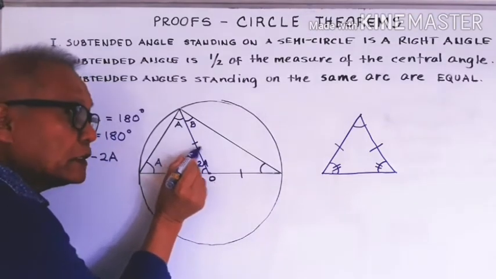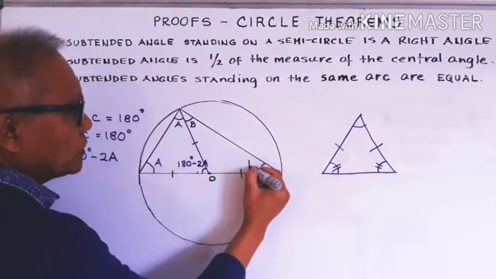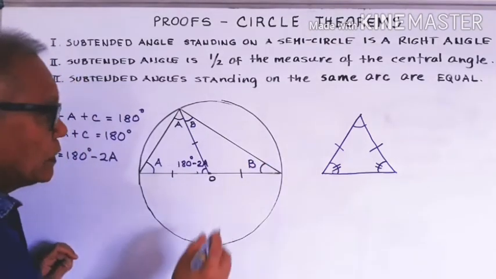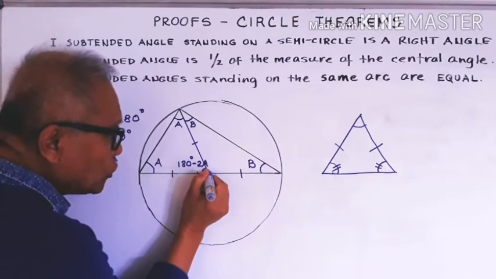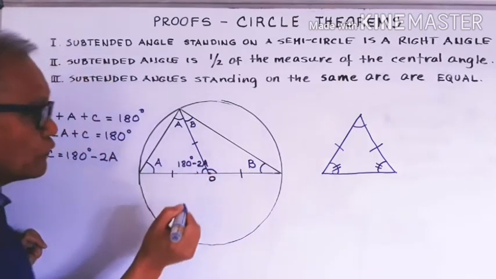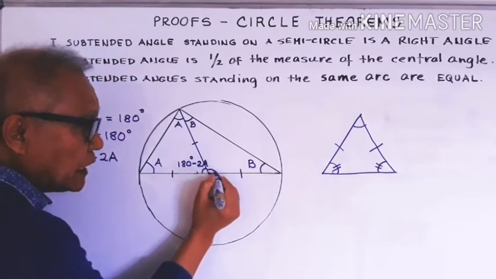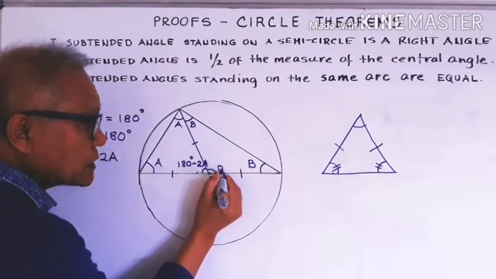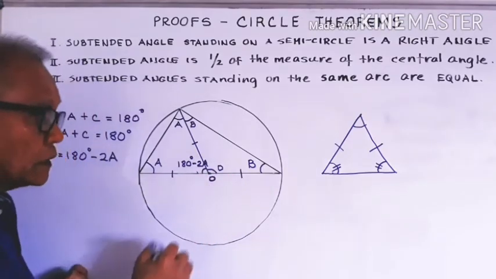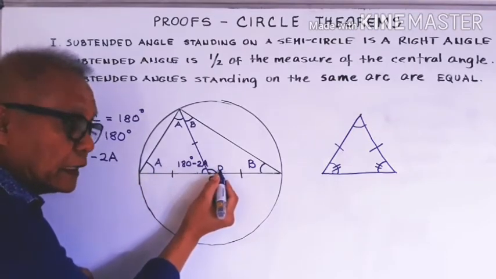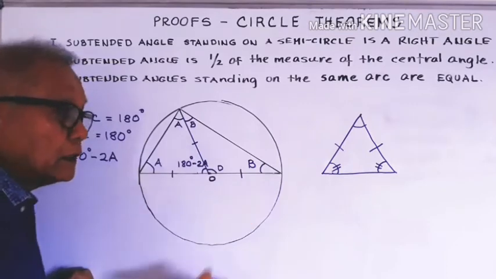Opposite of this side is this side. So we can call this one angle B also. Now, how do we compute this angle? Let us name this angle here D. It's D because we used C before, and we'll be confused. We'll use D here, angle D, temporarily.